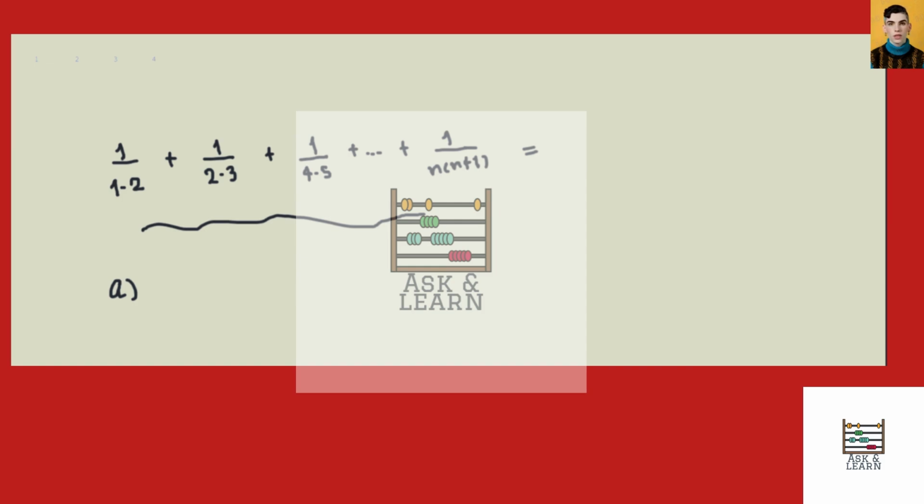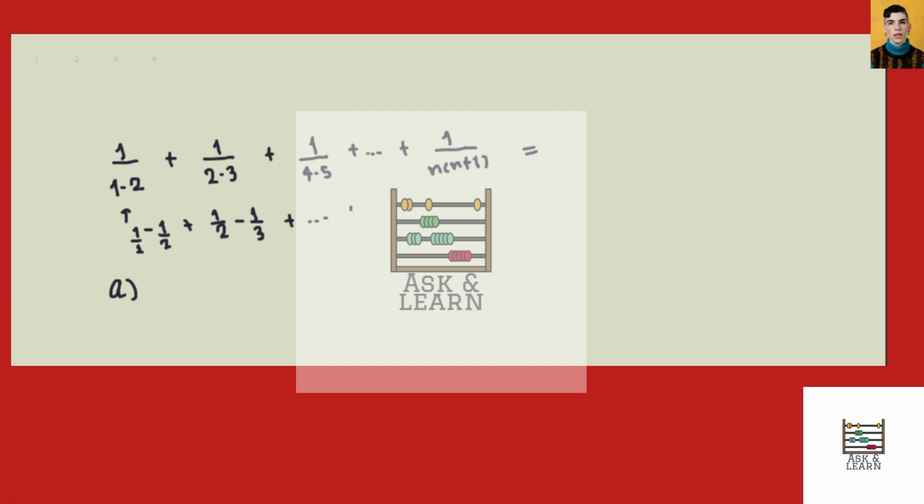Well, you can look at each term here and see that it can be broken into two terms always. So it will be 1 over the first number minus 1 over the second number always.